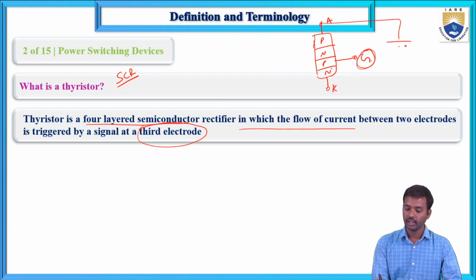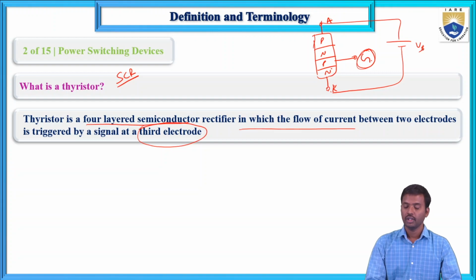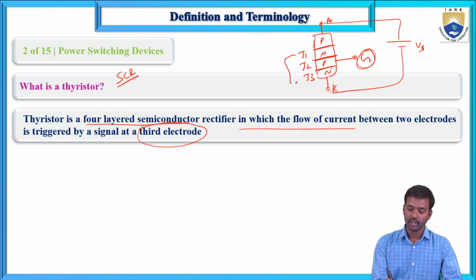If you connect the supply to this, the SCR is in forward bias. Here there are 3 junctions, J1, J2 and J3. J1 and J3 are in forward bias and J2 is in reverse bias.